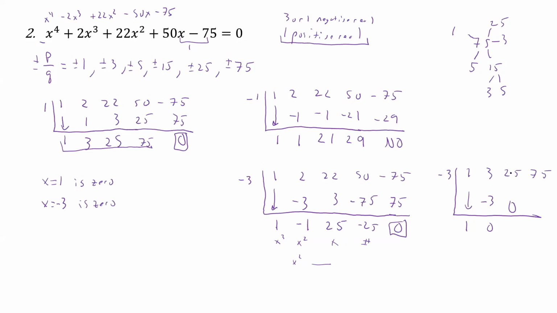So okay, that's 25, and then that's a minus 75, and then that's 0. So then that's when I get x squared plus 25 equals 0. And so then I can subtract 25. So x squared equals a minus 25. And so to simplify that, I would take the plus and minus square root of both sides.